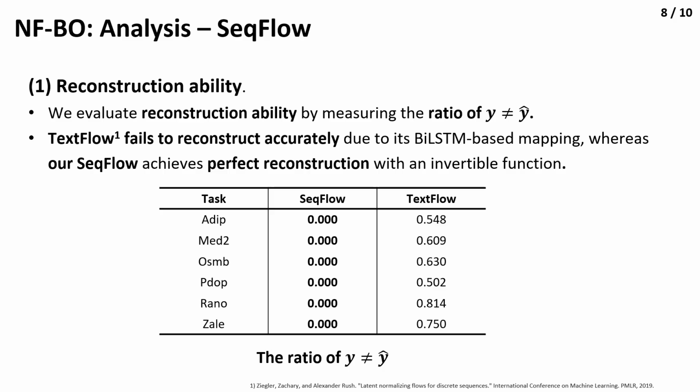As you can see, TextFlow fails to reconstruct accurately because it uses a biased LSTM-based mapping that isn't invertible. But our SeqFlow achieves perfect reconstruction, as in the table. SeqFlow gets no error across all tasks.